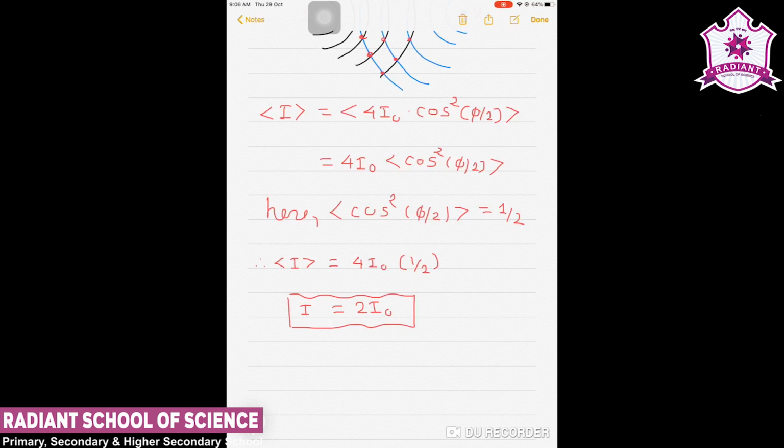He revived the wave theory of light and recognized that interference phenomena provided proof of the wave properties of light, that we will discuss in the next session.